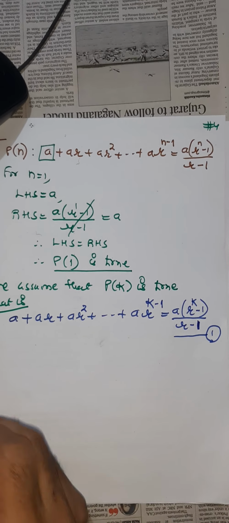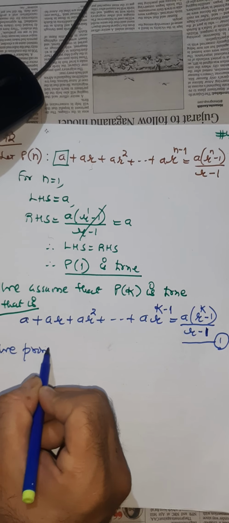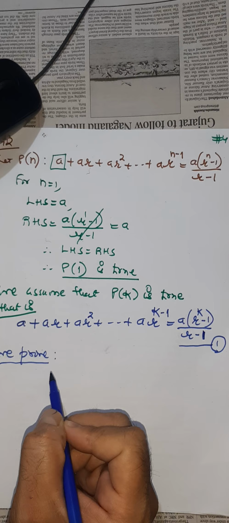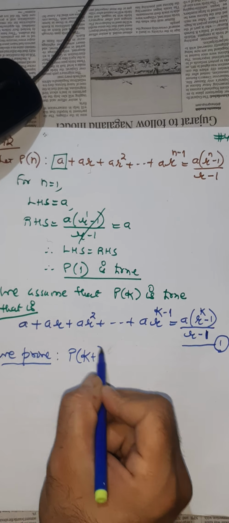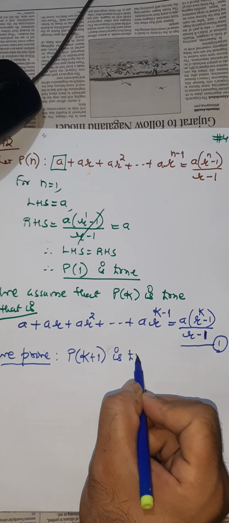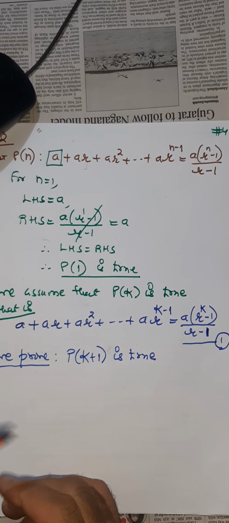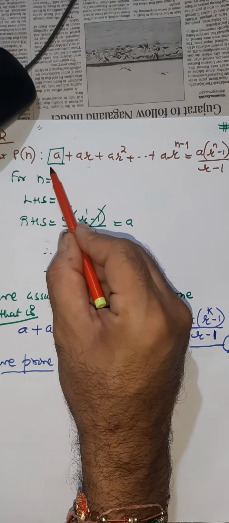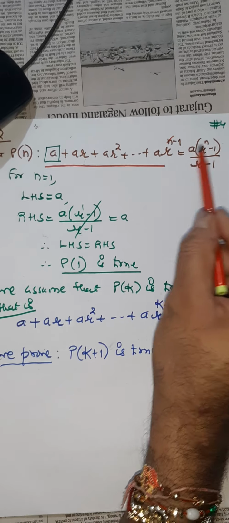Okay. Next part, we're proving part. This is the most important part, we prove P of k plus 1 is true. This is what we want to prove, remember. Proving part. So, I'll start with LHS here. Instead of n, we put k plus 1.